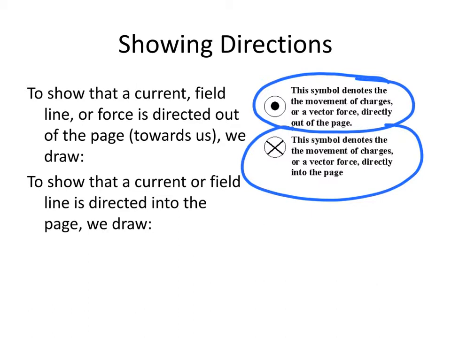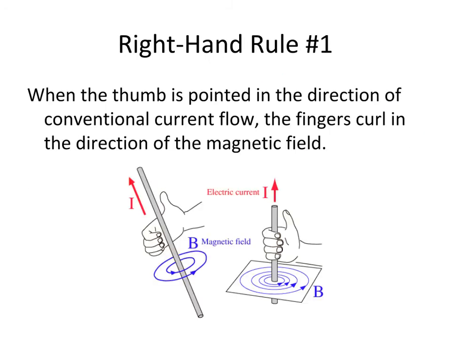Could be the magnetic field or the current going into the page. Could also be the force, if we're talking about a magnetic force. So to show that, we use this to show the current going in or out of the page, or any of these other. And we can also remember the direction of the magnetic field using what's called the right-hand rule. We'll call this the right-hand rule number 1 because there are a couple of other ones we're going to see as well.